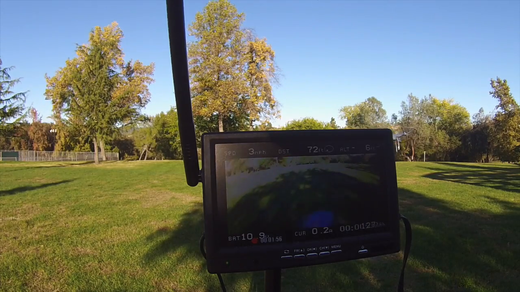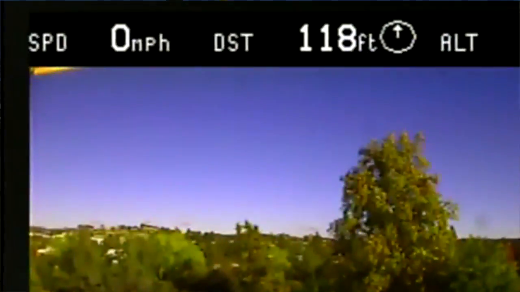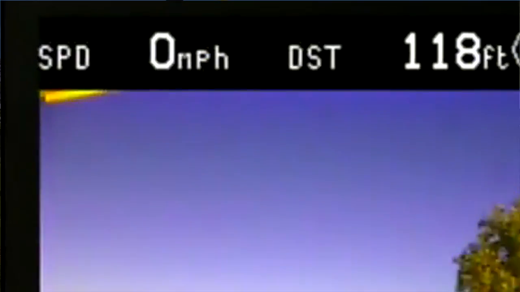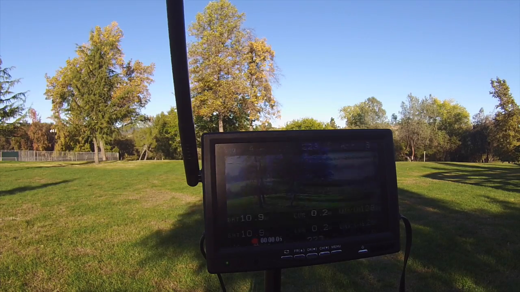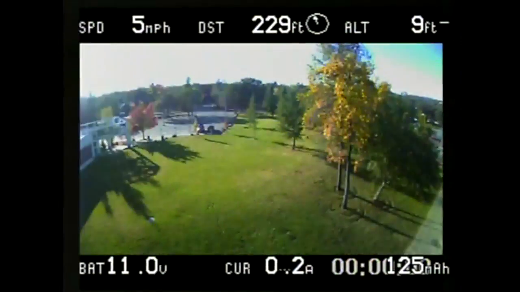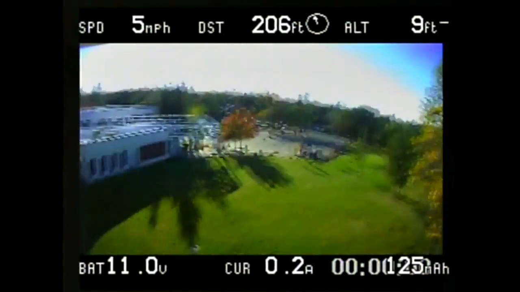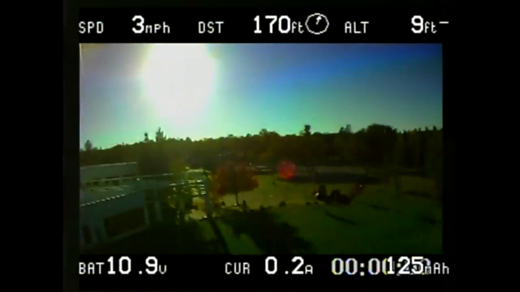And then we have our speedometer. Notice over there on the far left-hand side at the top, that's our speedometer. That's telling us how fast we're going in miles per hour. You can get a Phantom up to about 35 or 40 miles an hour if you're really cooking.